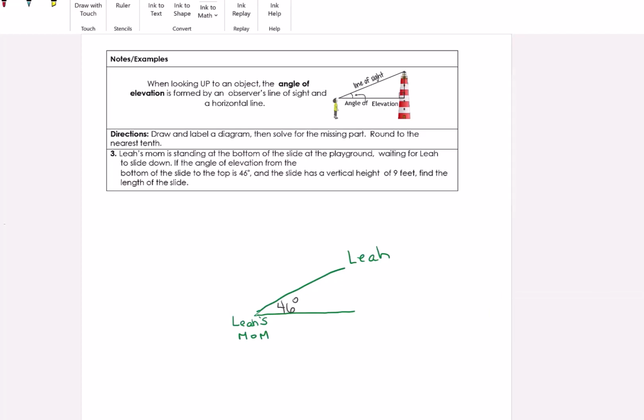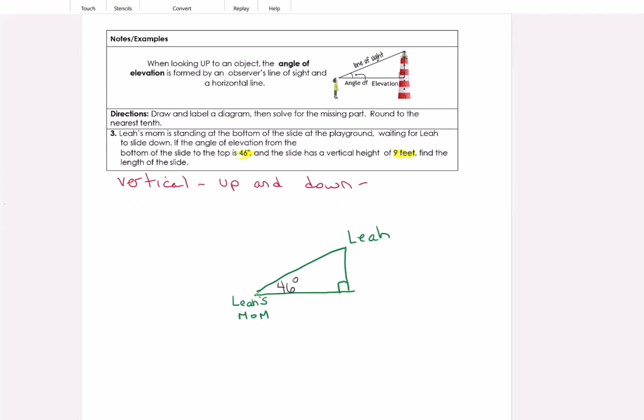I always make a right triangle, and that's 90 degrees. Now let's see what other information they give us. I've used this. Slide has a vertical height of 9 feet. Vertical is up and down. A vertical line would look like this. Horizontal, think of horizon, across, and it would look like this.